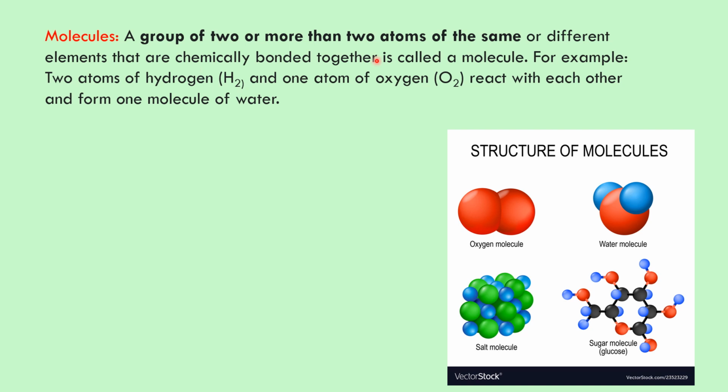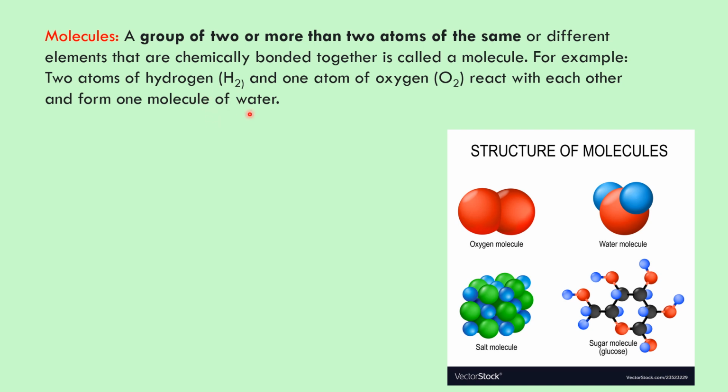For example, two atoms of hydrogen, H2, we can consider as a molecule and also an element, because H2 is made up of two atoms of hydrogen, the same type of atom. Then oxygen is also either an element or a molecule, and it can react with hydrogen to form a molecule of water.